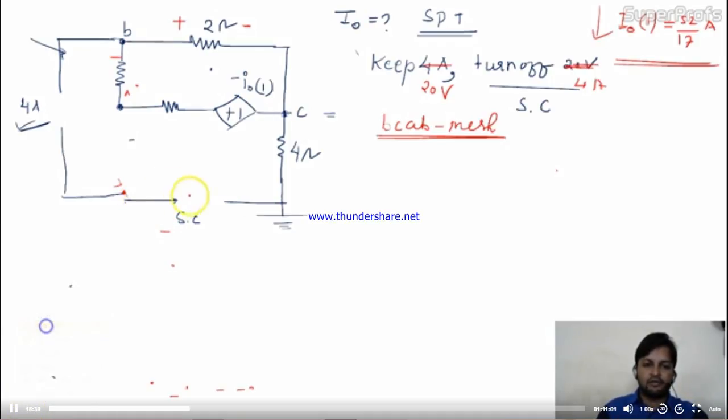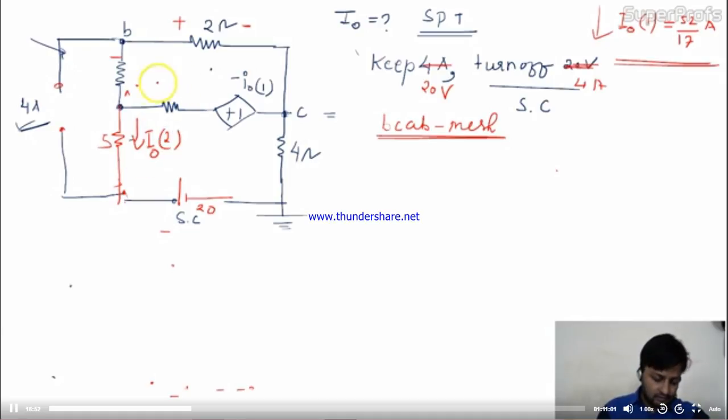Now I'll draw the remaining circuit. This is 20 volt. This is open circuit. Again, this is 5. In this 5, the current I02 is coming now. This is 3, and this is 5I0. It will be 2 now. Is it okay to you people?